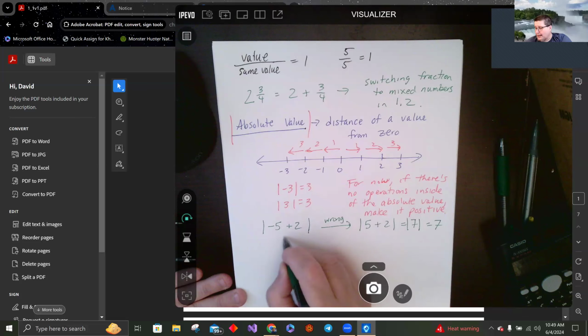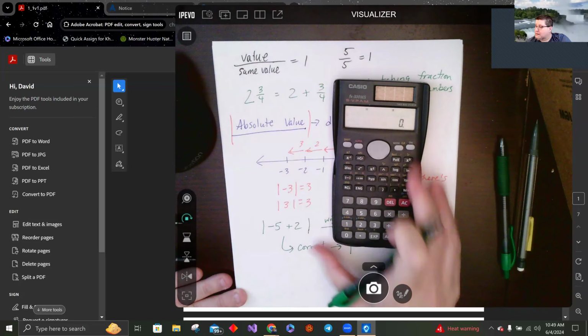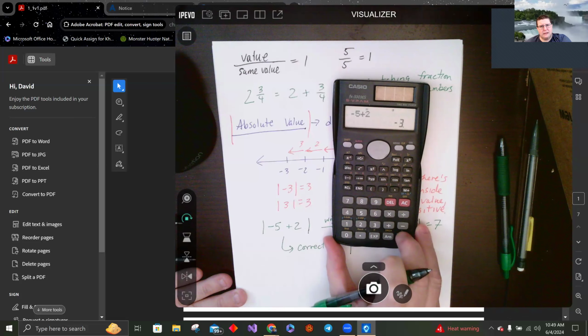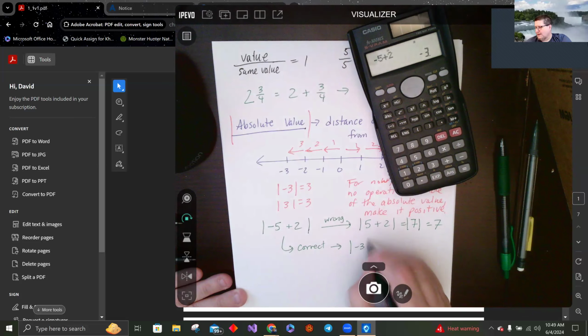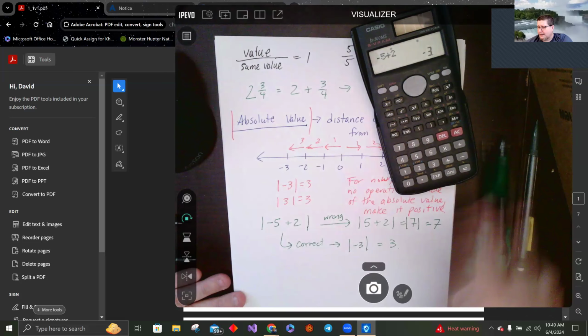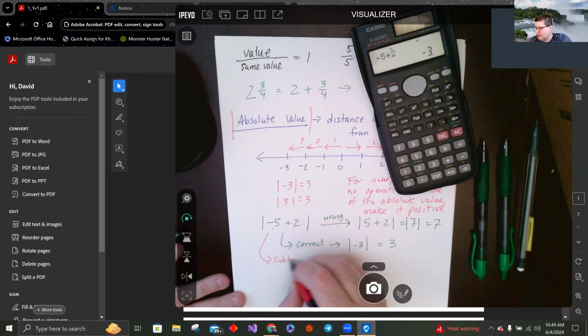The correct way, add them up first. Then make it positive. If you want to do this step quicker without a calculator, and one's negative and one's positive, and you're adding them together, subtract smaller from bigger.